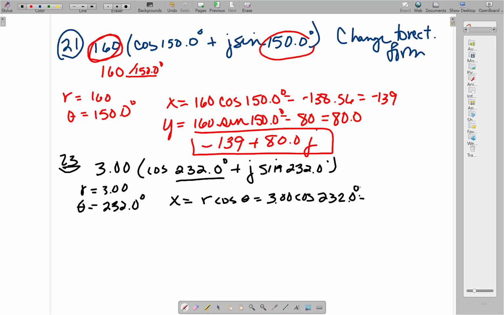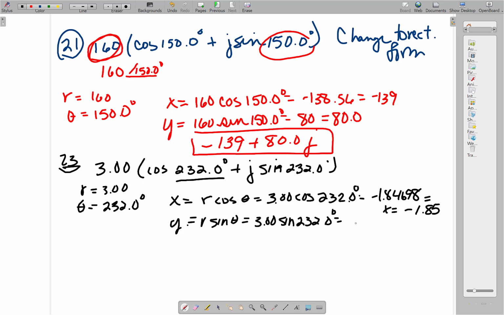which is going to give you negative 1.84698, which we can make negative 1.85. That is our x. Y is equal to r sine theta, so it's equal to 3.00 times the sine of 232.0 degrees, which is going to equal negative 2.364, and y will equal negative 2.36.